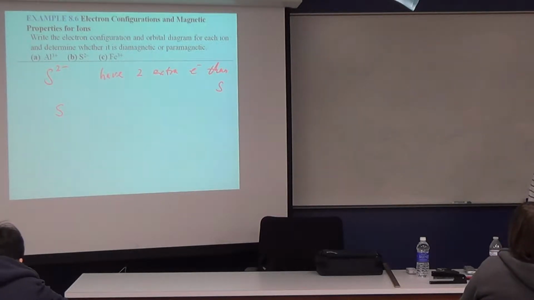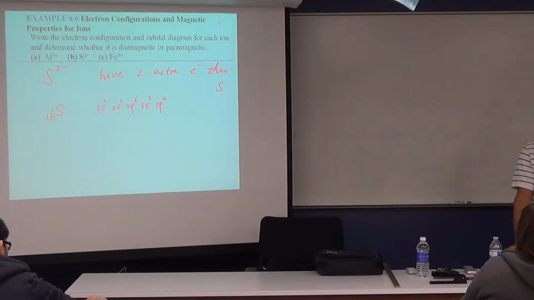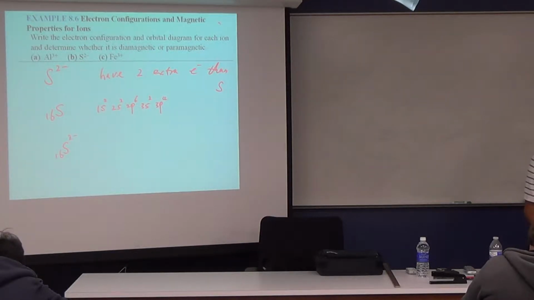S is number 16: 1s, 2s, 2p, 3s, 3p, so 2, 2, 6, 2, and 4. This will be the configuration for the sulfur atom. Because it has 2 extra electrons, it becomes sulfur 2 negative.